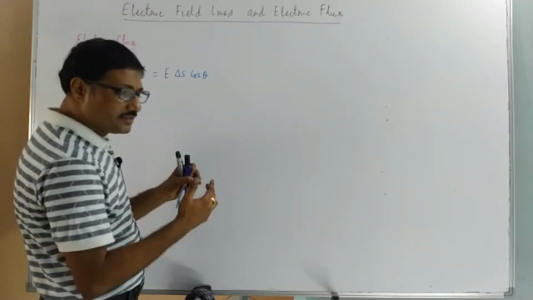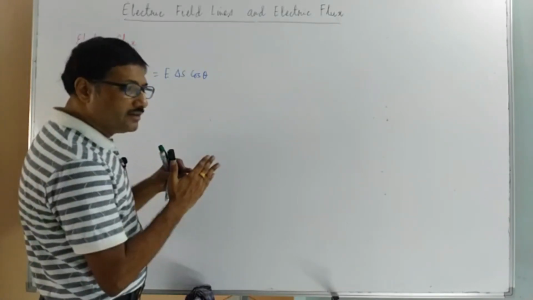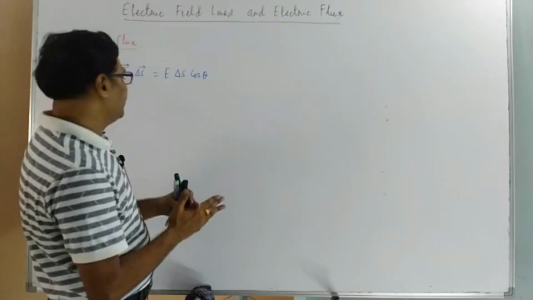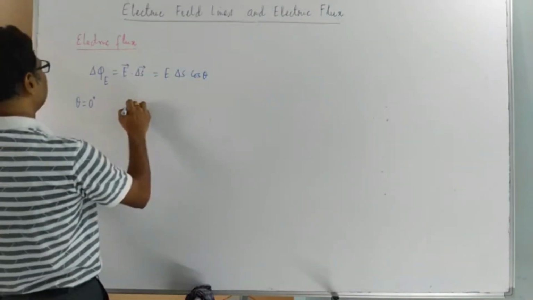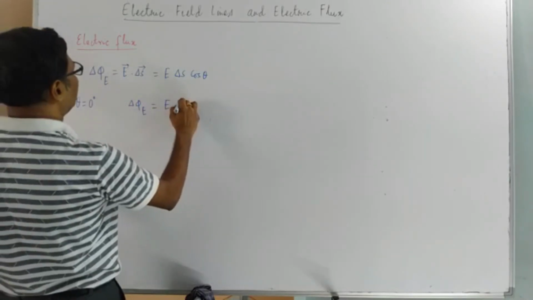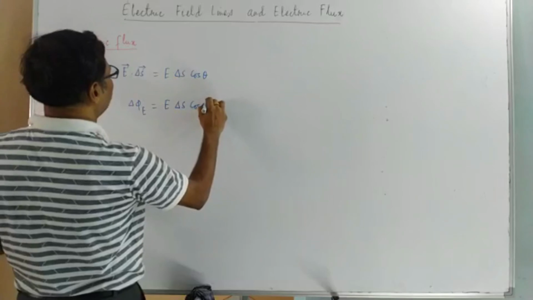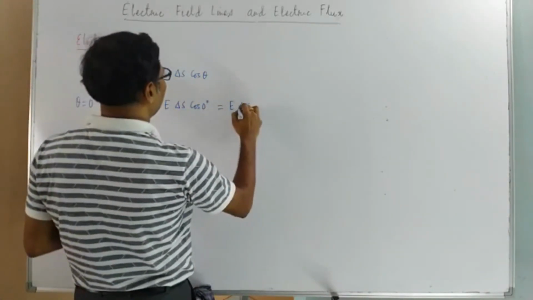In other words, the electric field is perpendicular to the plane of the area element. In that case it is equal to E into delta S into cos 0 degree. Cos 0 is equal to 1, so this is E into delta S.